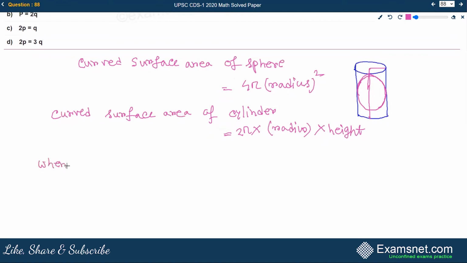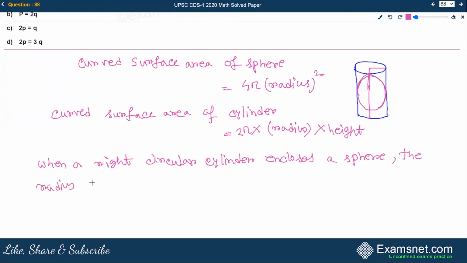When a right circular cylinder encloses a sphere, the radius of sphere and cylinder must be equal. So both are having the same radius.